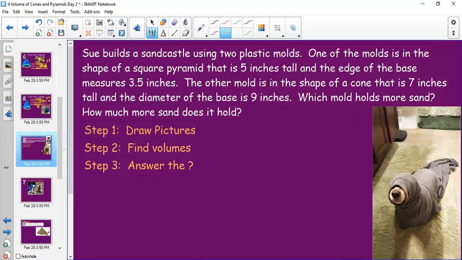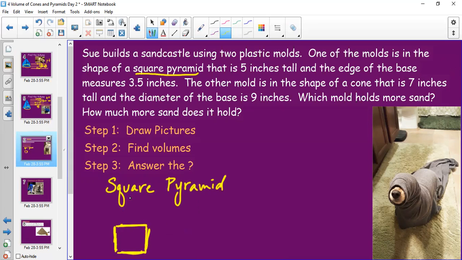Okay, so Sue builds a sandcastle using 2 plastic molds. One of the molds is in the shape of a square pyramid. So let's draw that first. Square pyramid. I'm going to draw a basic square here, and put a point up here to make a pyramid.